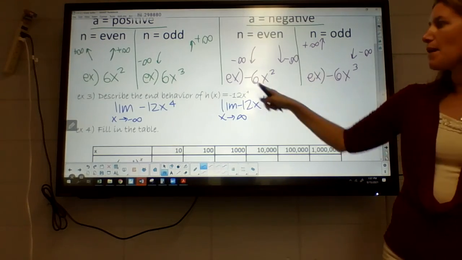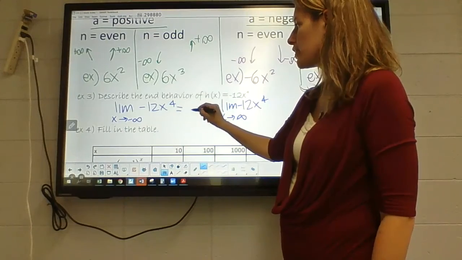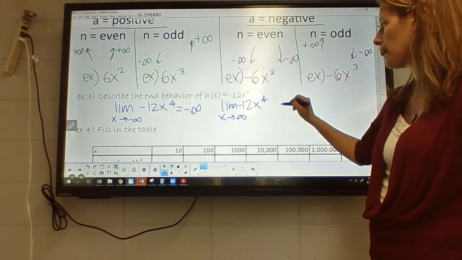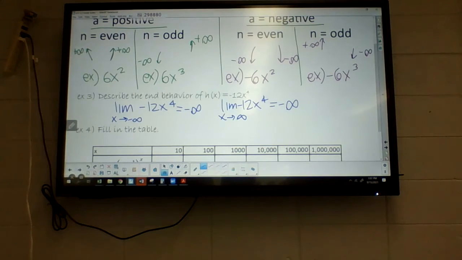So I automatically know this situation is going to happen. So these are both going to go to negative infinity. Again, this only works if the x is just a normal number with an exponent. It doesn't work if x is in the denominator or if it's part of an exponent itself.